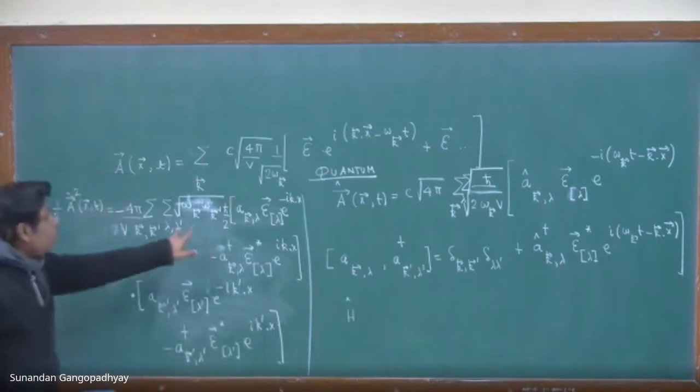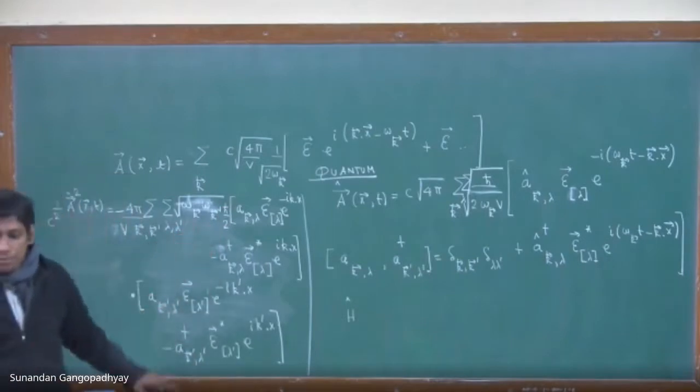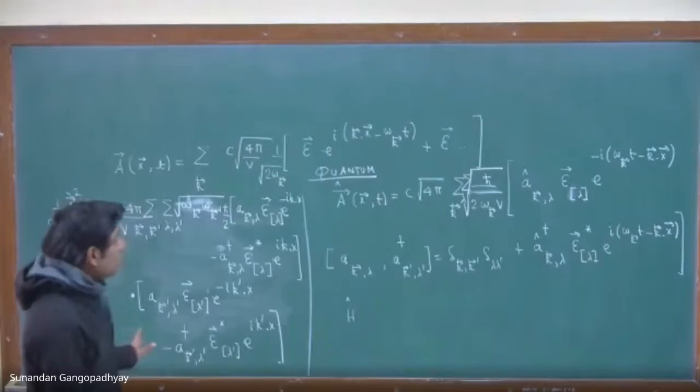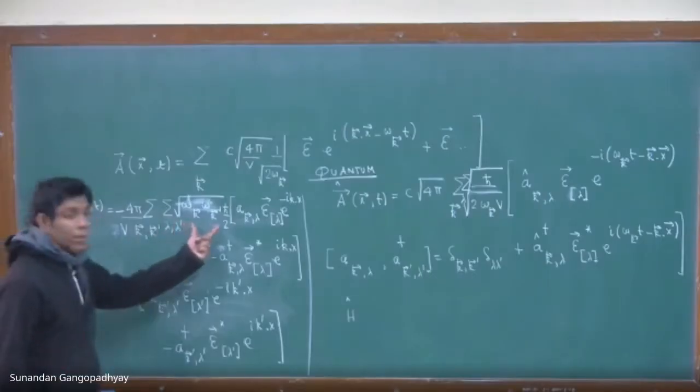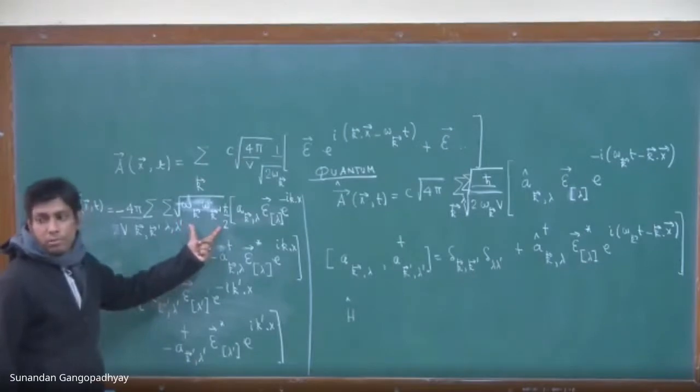No, this will not be omega k square. I am saying on the numerator there will be 2 omega k contribution because of A dot square. That is what I am writing as omega k prime square root, so that is already there.